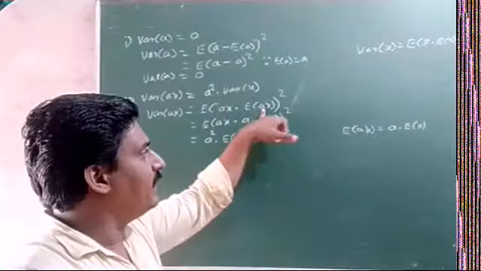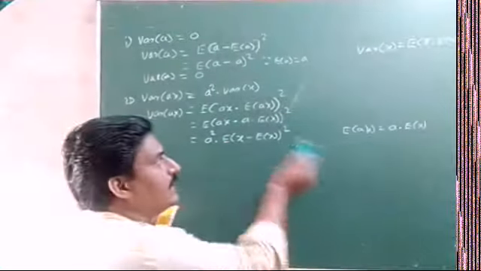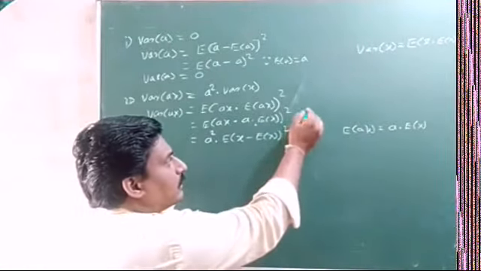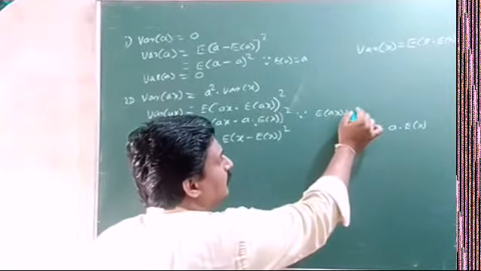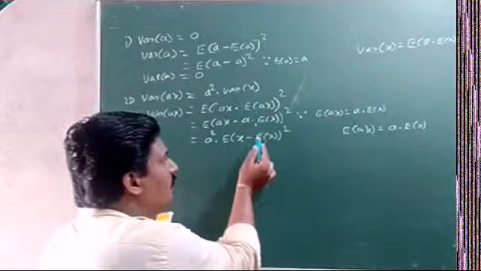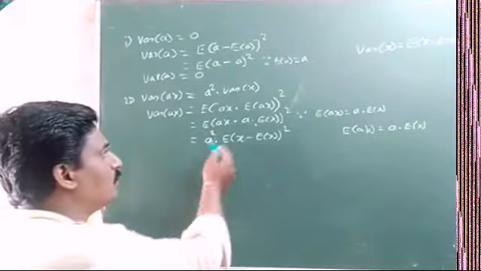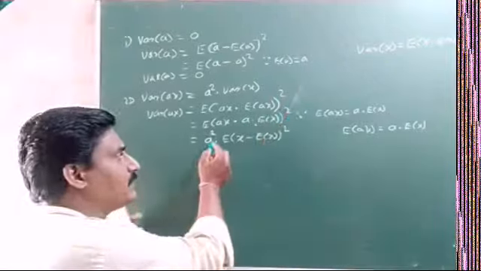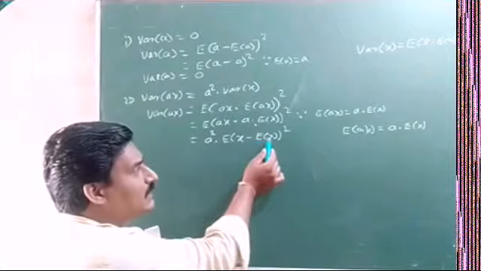Now E of ax, we already proved that E of ax is equal to a into E of x. Here you write, because E of ax is equal to a into E of x. Now from this take a common outside. As there is a square here, it becomes a square.